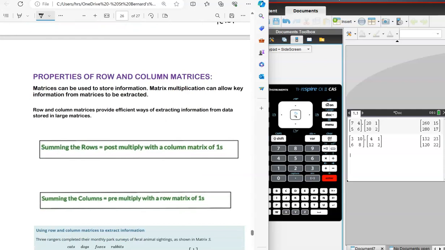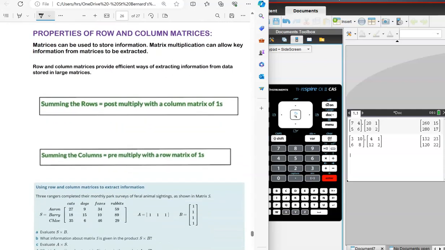All right. Now we're moving on to what we're still going to be doing, multiplying matrices. But now we're going to use these types of matrices that allow us to sum up a row, which means add up a particular row or add up a certain column.